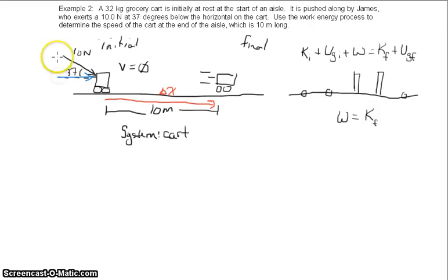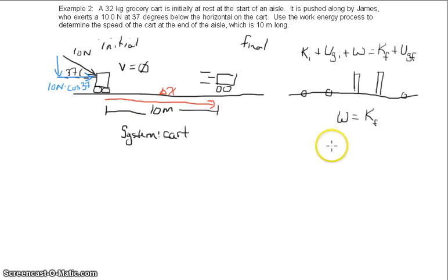So I would have to draw vector components for the 10 newton force exerted on the cart, and 37 degrees would be this angle here, so the horizontal component would be 10 newtons times cosine of 37. That would be the force multiplied by the 10 meters, the force that is parallel. And then that ultimately will equal the kinetic energy.